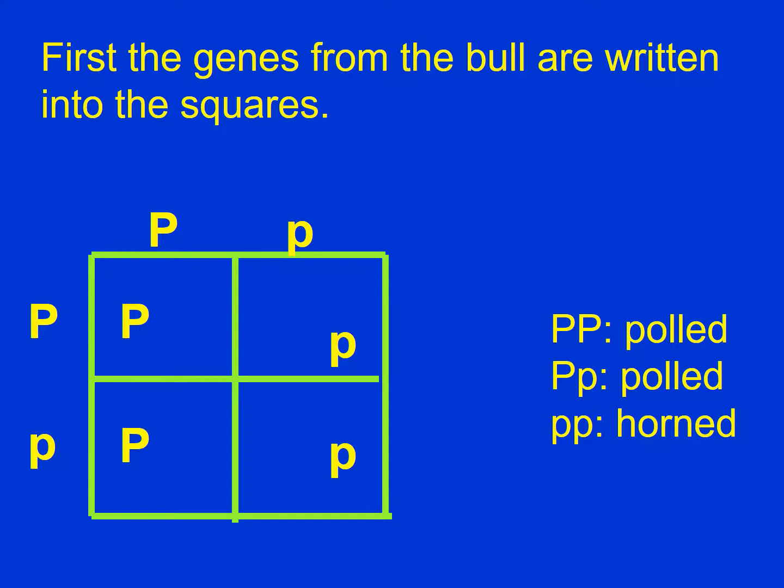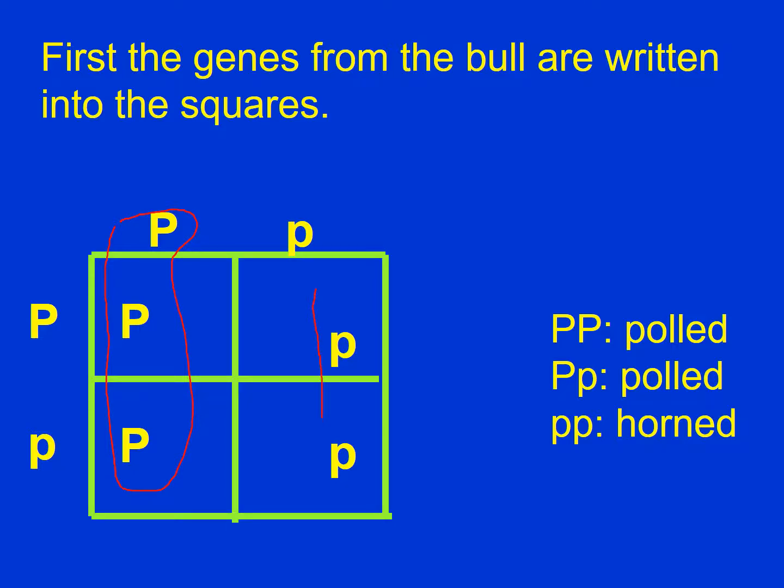So first, we're going to let the genes from the bull flow down into our Punnett Square. So we've got the polled gene on the left here. Now the horned gene, it's lowercase.